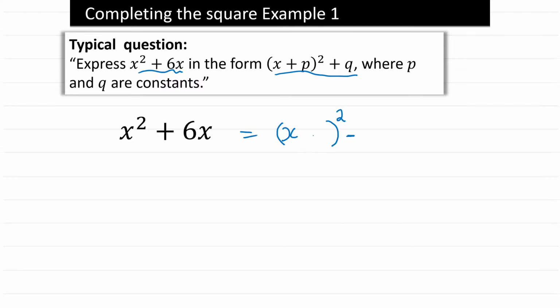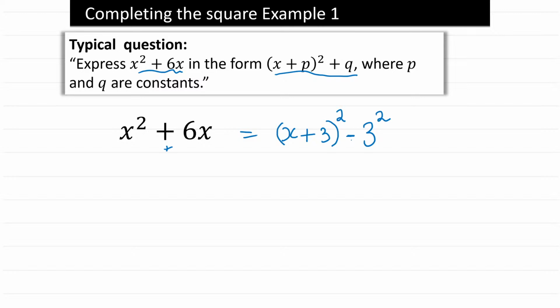So what comes next then? Well, we got a plus here, so we're going to put plus here, and then we need to halve this one. Half of 6 is 3. 6 divided by 2 is 3. You leave it like that, and then minus this number squared. So minus 3 squared.